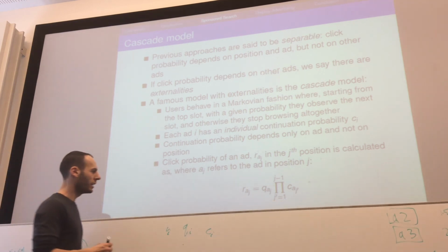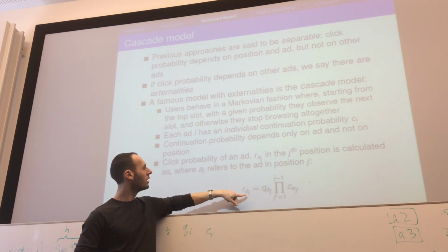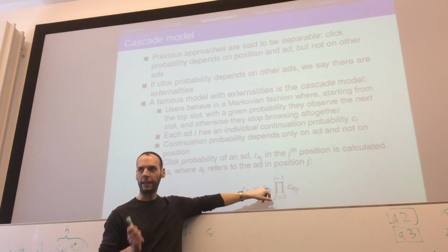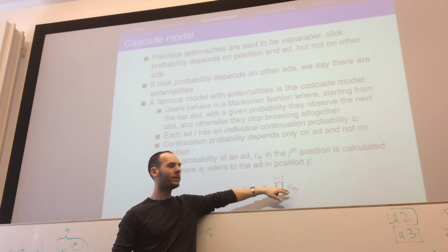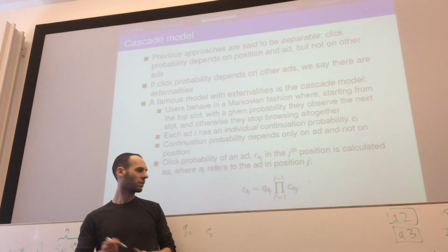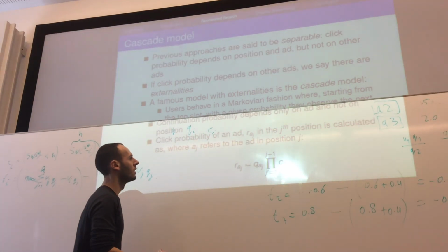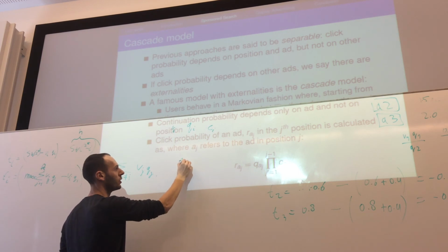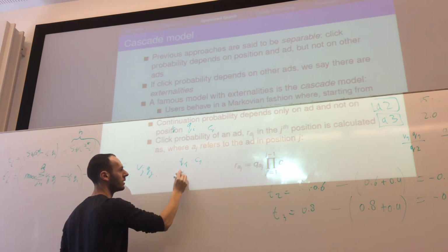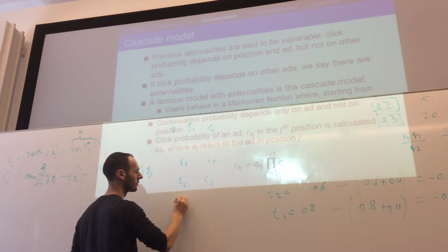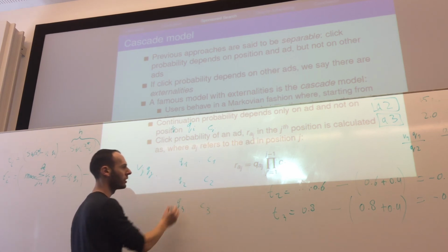So suppose that we are in the jth position. The probability that the ad in the jth position is clicked is equal to the quality of that ad times the continuation probabilities of all the ads above it. So suppose these are shown in this order.